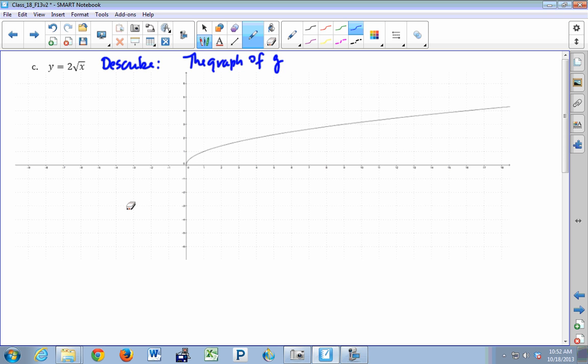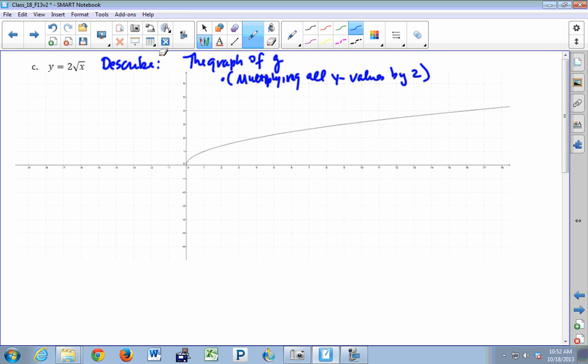Right, so the graph of G, you're multiplying all the outputs by 2. So if you're thinking about your y values, you're multiplying all y values by 2. That's what you would do to each individual coordinate, the y coordinate of every point, you would multiply by 2.